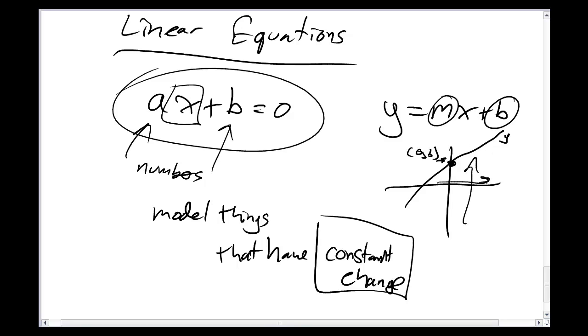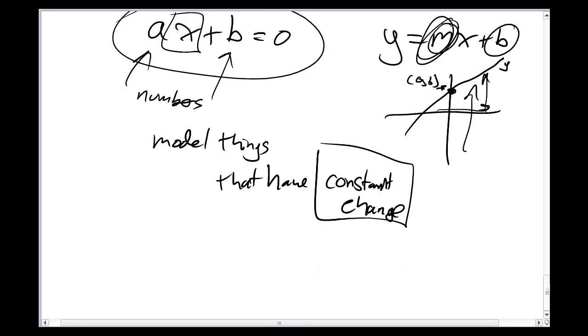As I go further to the right, it gets pushed further up. That's why we call slope rise over run. But the idea of constant change is that while change happens, the change is predictable. The change doesn't change. Maybe now I'm getting deep and saying, the only thing that ever doesn't change is change itself. But the idea behind constant change is that the change is steady.